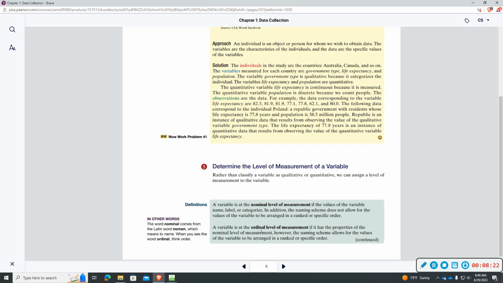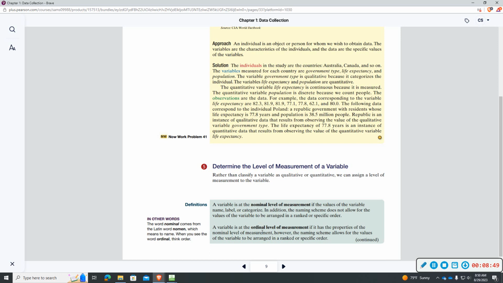Then you have some which, let's say, a house street address. You have a house number. It doesn't make sense to add house numbers together. You don't get any meaningful math with it, but it does make sense to put them in order, because if you were driving down the street and you were trying to find a house number and they were just randomly placed, you wouldn't know where to go to find it.